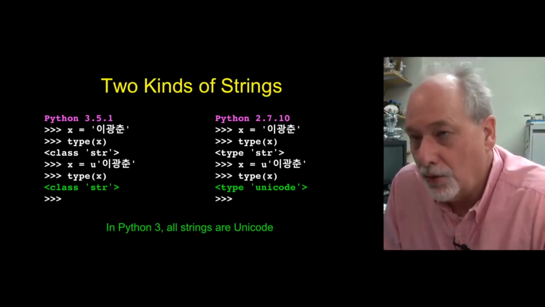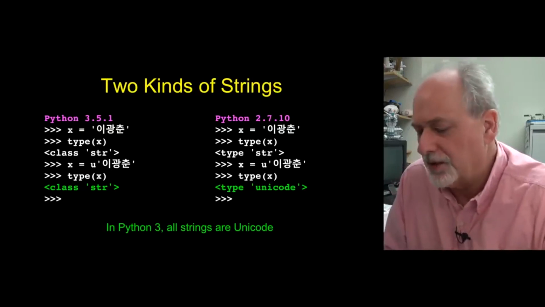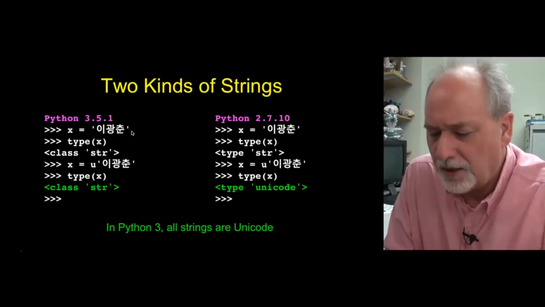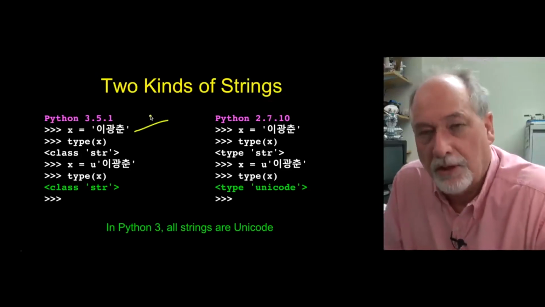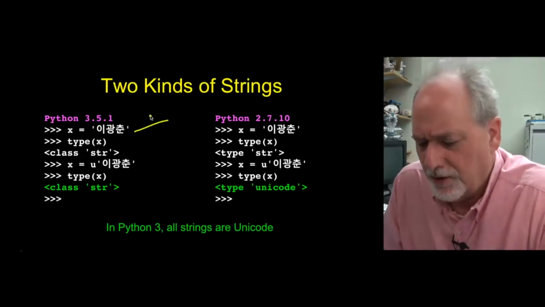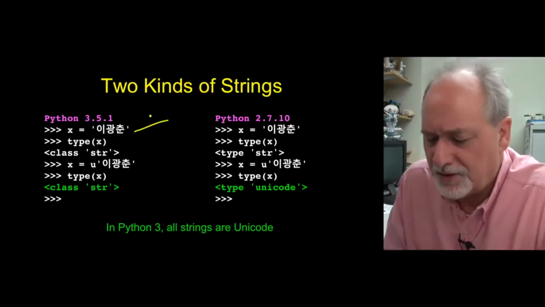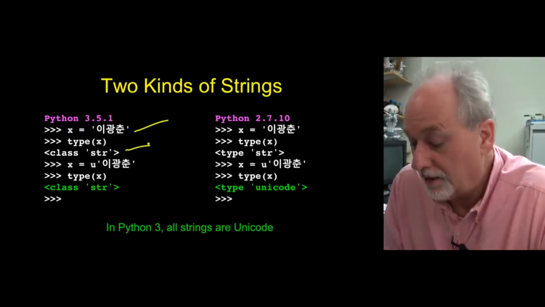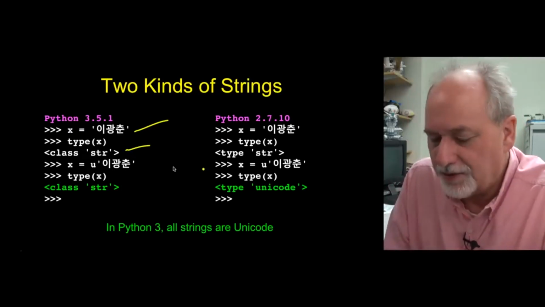In Python 2, there was sort of some confusion as you went between strings. This is just a little bit of code, and I'm putting in here some Asian characters, this is Korean actually, into X, and then I say what kind of a thing this is, and that is a string. And then there's this Unicode, and this comes from Python 2.